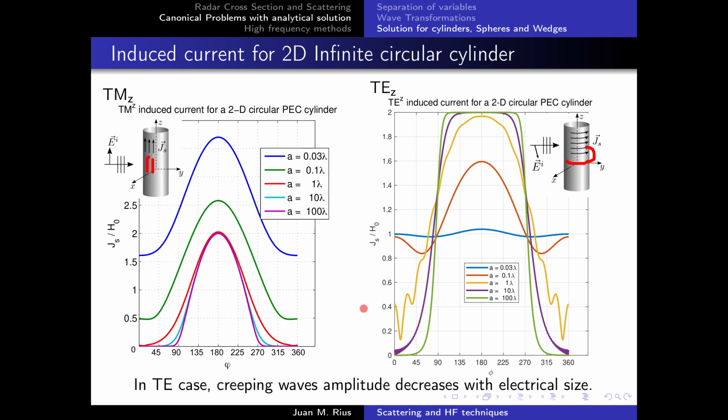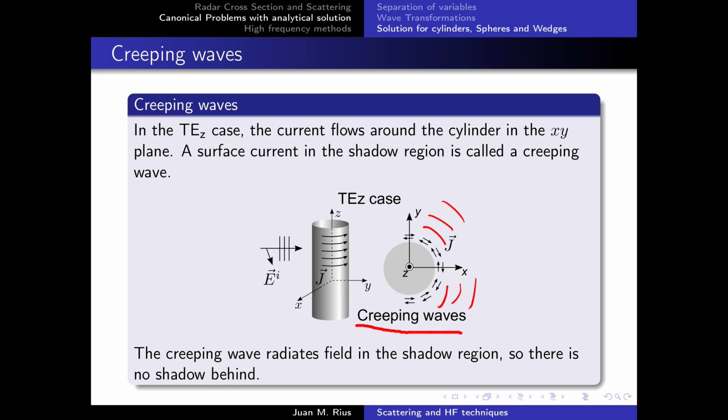So you can see that this canonical solution provides a lot of insight on the scattering phenomena that are happening in the cylinder. This is one of the main uses of scattering analytical solutions for canonical geometries. The canonical geometries are too simple.